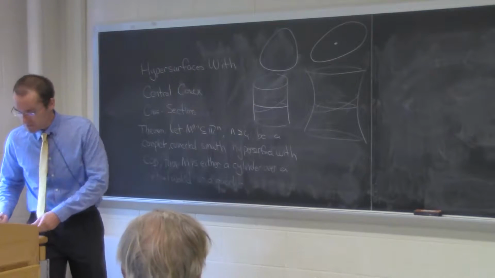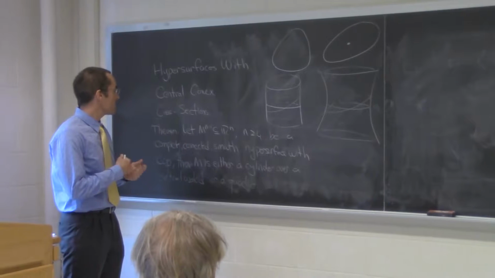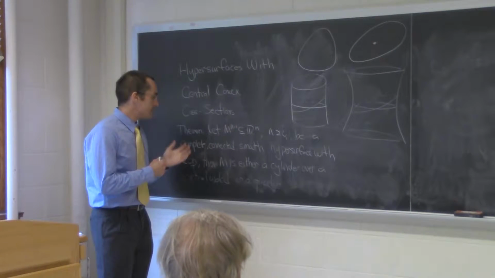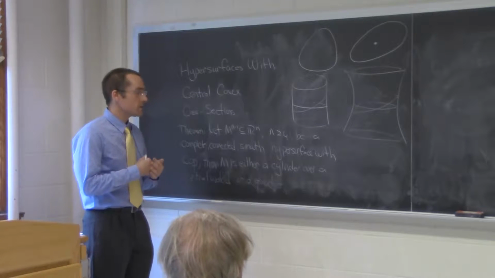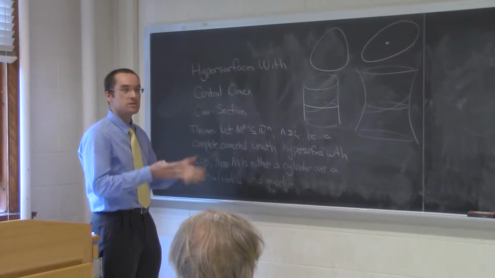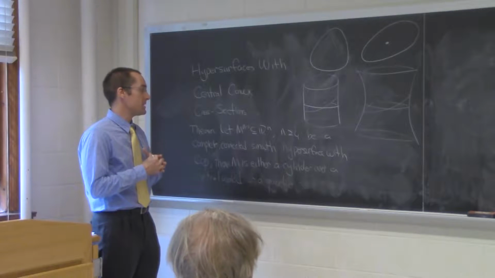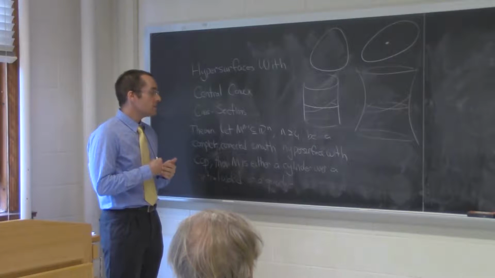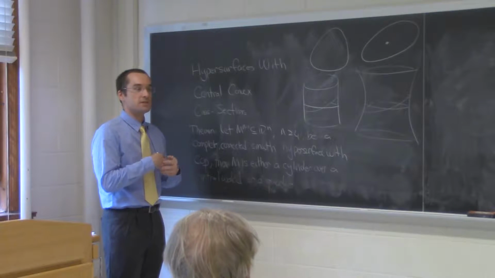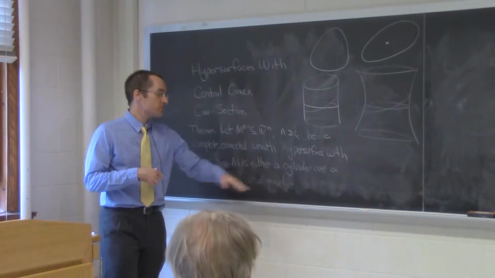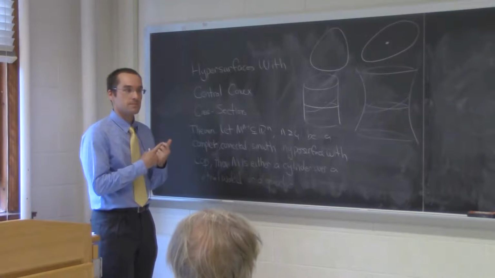So let me first describe the historical background. Where is this coming from? Well, it dates back to Brunn, 1889. Brunn took a smooth convex body in R^n, n bigger than or equal to 3, and he assumed all cross sections to be centrally symmetric. Then he concluded that that convex body is an ellipsoid.